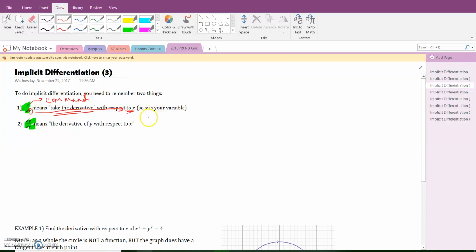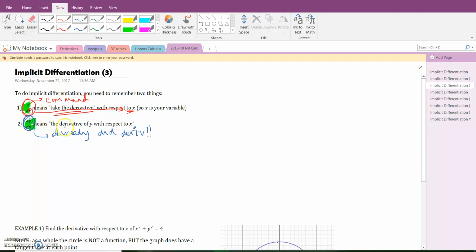So x is your variable, and if you see d dx, that means you haven't done a derivative yet, but you should do a derivative. Once you see dy dx, that means the derivative is already done. So once you're putting dy dx, you're telling someone, hey, I already did the derivative of y with respect to x. So they look very similar, but there's a big difference between the two.